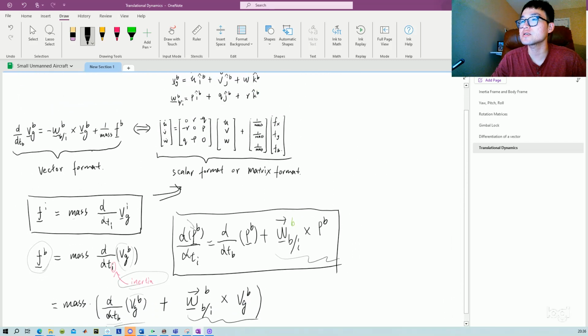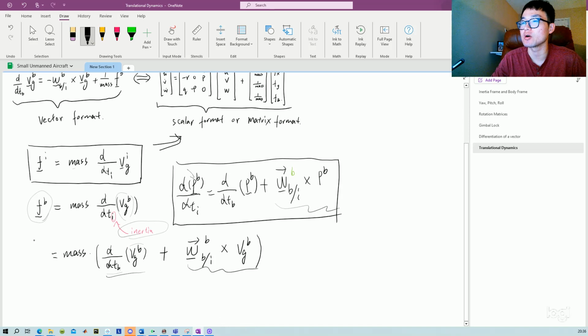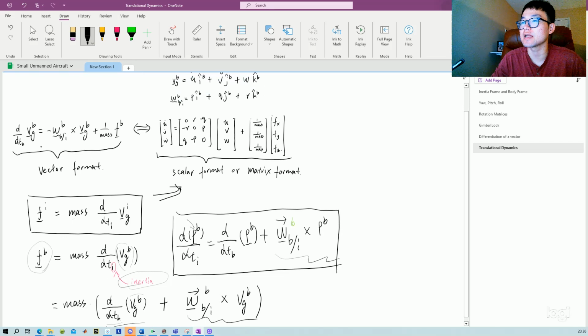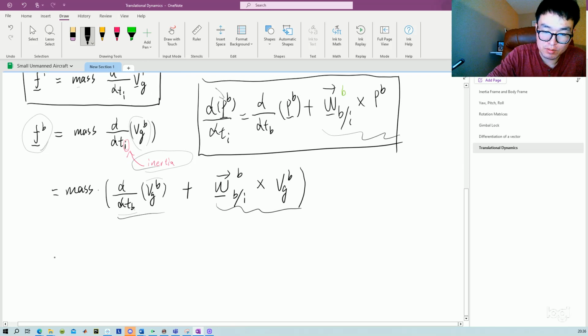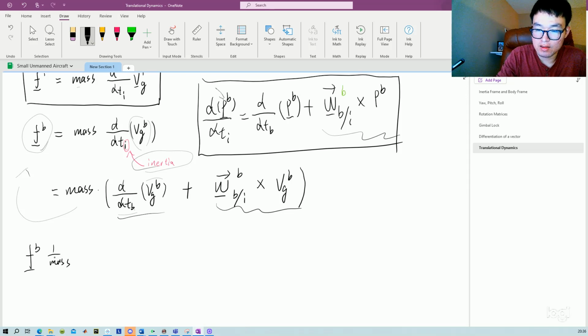You see, these two equations are already very similar. Because we are interested in the dynamics, meaning we're interested in the change of the velocity, it's just a matter of moving this one to the left. So F b times 1 over mass, and then minus omega b i in b, cross product with Vg b.